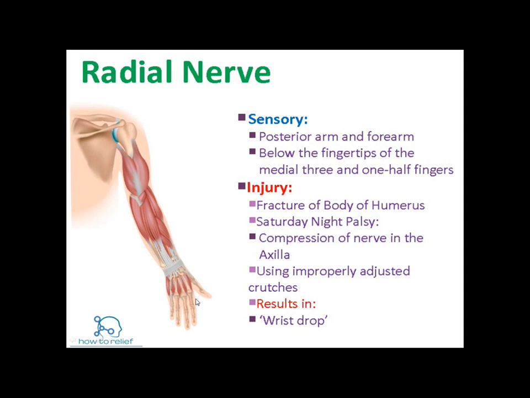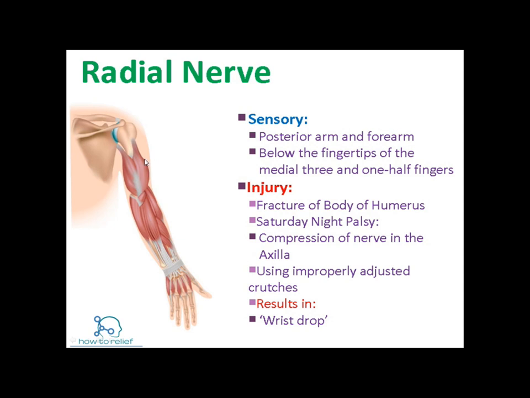Those areas are supplied by the radial nerve. So these three fingers and half of the ring finger, along with the lateral half of the posterior aspect of the forearm and the lateral half of the posterior aspect of the arm, are the areas supplied by the radial nerve.